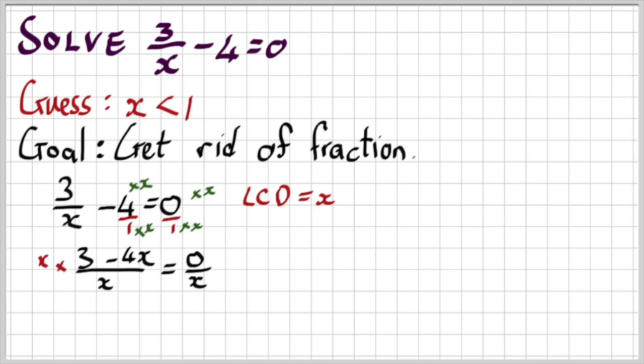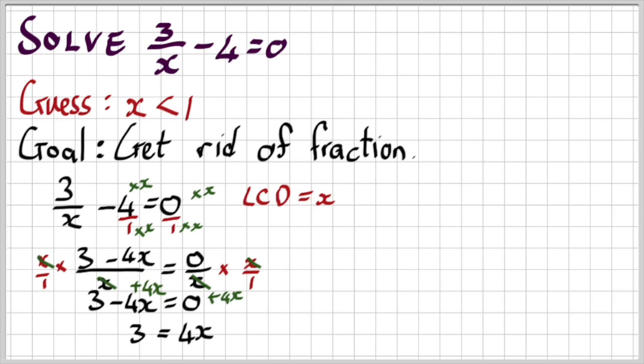I'm going to multiply by that x over 1 straight through so that they cancel out, leaving me with 3 minus 4x being 0. And I've already now added 4x on both sides, which means that I'm sitting with 3 equal to 4x, which gives me over 4 and over 4. So x is equal to 3 over 4.